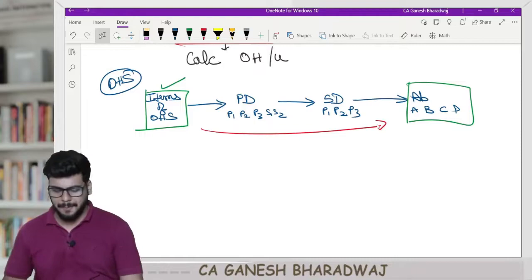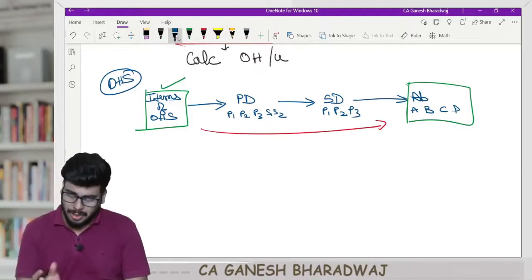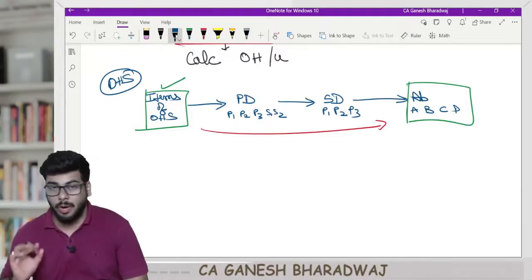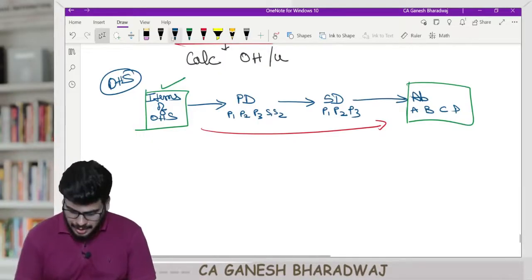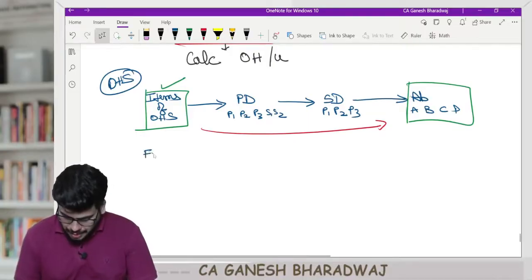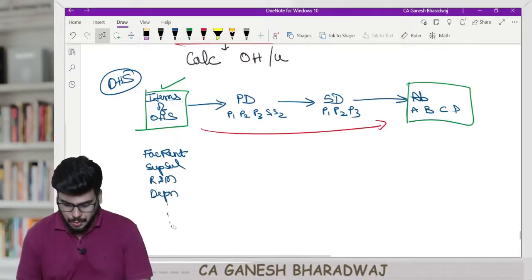Clear with this, guys? Now, first, in our traditional costing, the previous chapter, overheads, what we saw was there are line items of expenses like your factory rent, your supervisor's salary, your repairs and maintenance, your depreciation, and so on. It just went on.